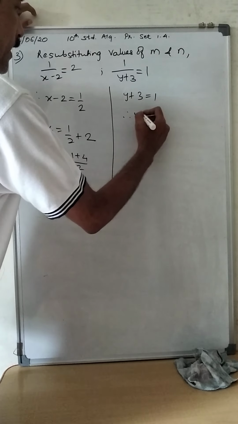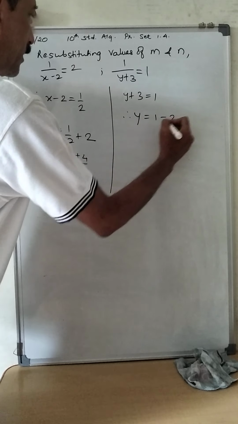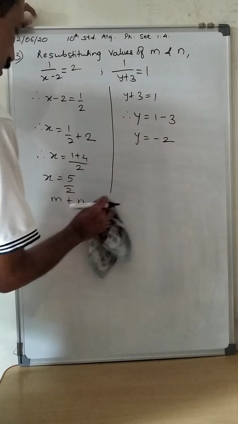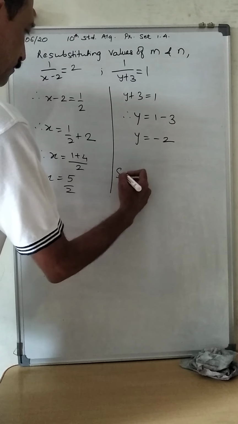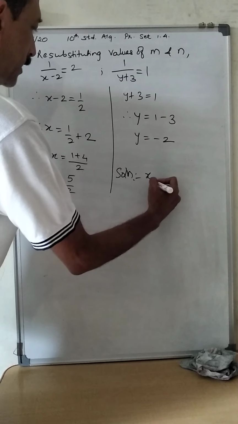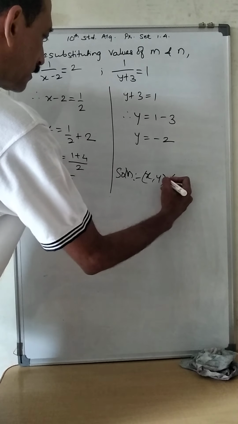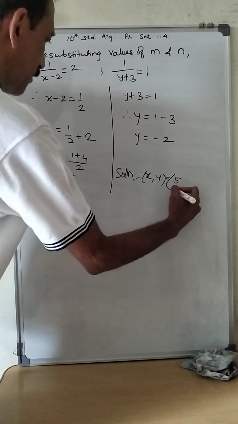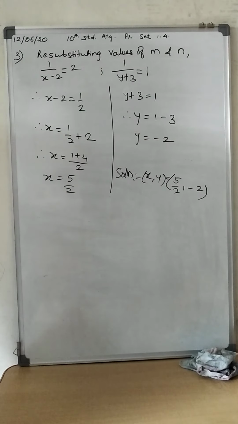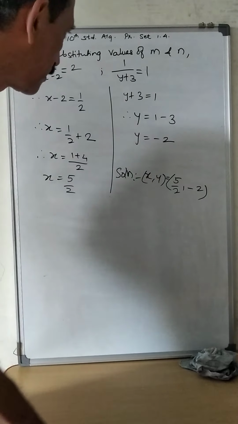So therefore y is equal to 1 minus 3. So y is equal to minus 2. So we got the solution x, y as 5 upon 2 and minus 2.